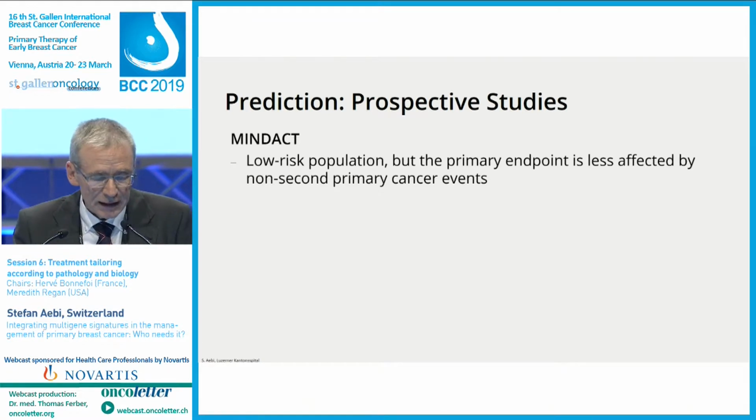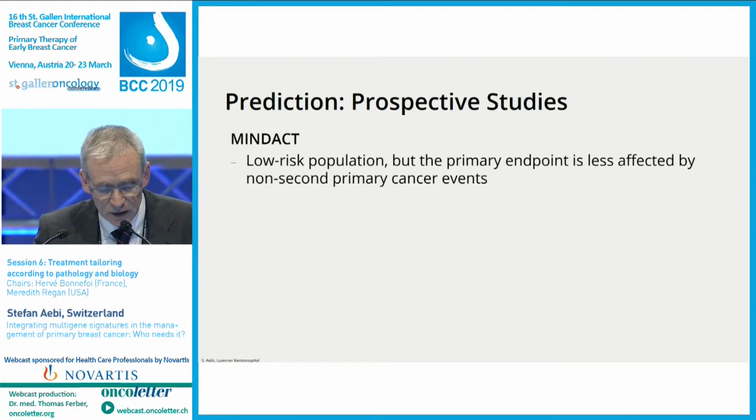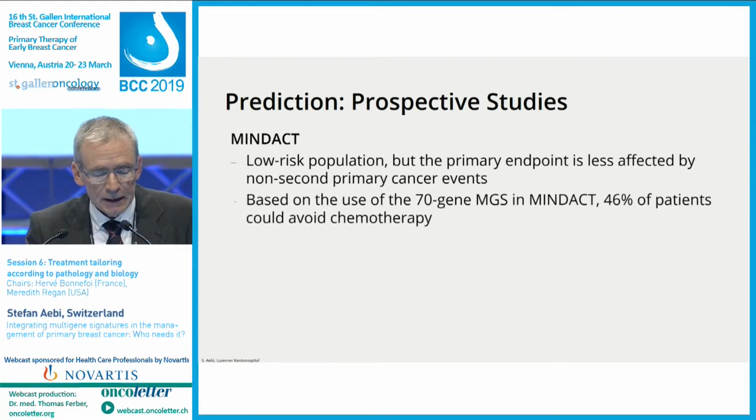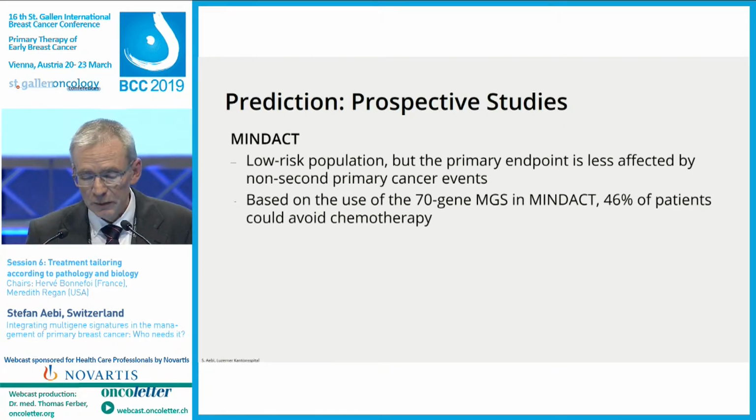So in MINDACT, again, you had a low-risk population, but the primary endpoint is a bit less affected by non-second primary cancer events. Based on the use of the 70-gene MGS in MINDACT, about half of the patients could have avoided chemotherapy.